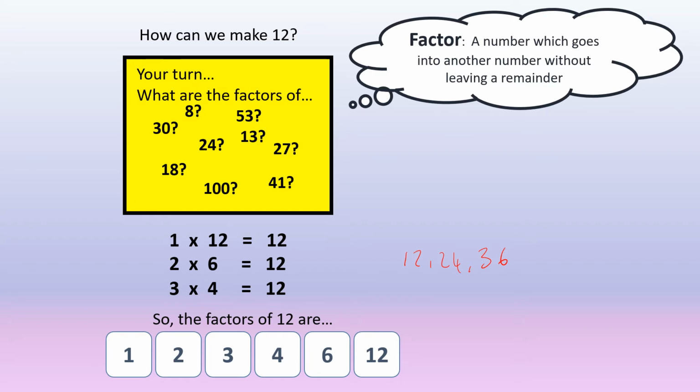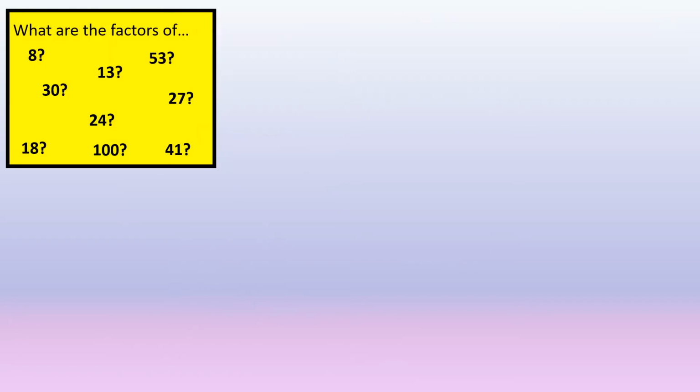Now we've got a little question here for you to try yourself, which is, what are the factors of the numbers on the slide? So pause the video and figure it out. So when we're finding factors, I think the easiest way to do it is to write the numbers 1 to 10 down the side.